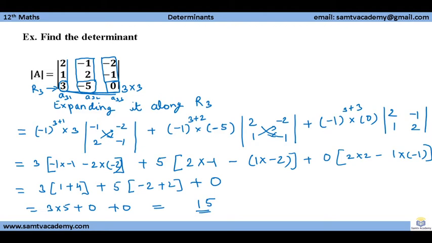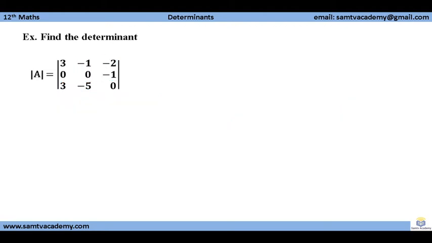Next we will take another question. Now we will see how to find the determinant. I have told you that we will take the row and column with respect to our calculation, that row and that column which will make our calculation lesser.